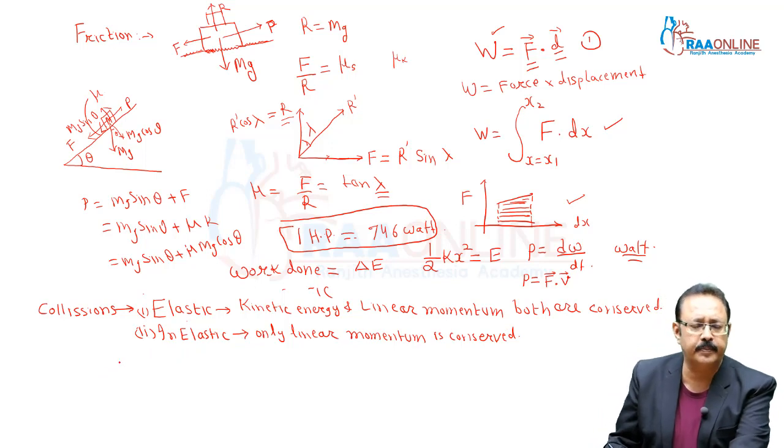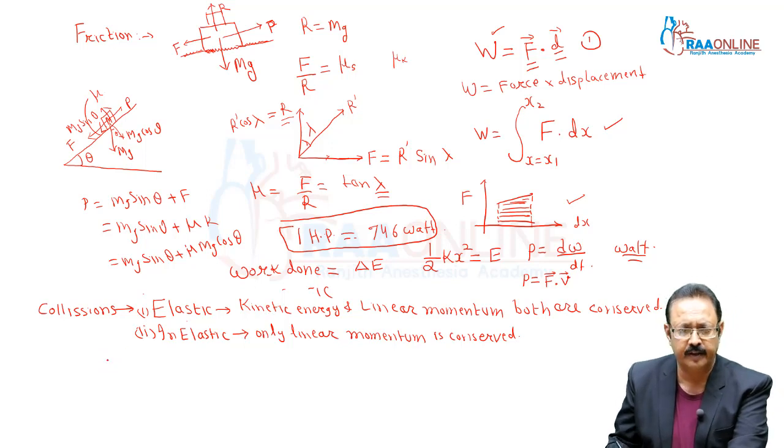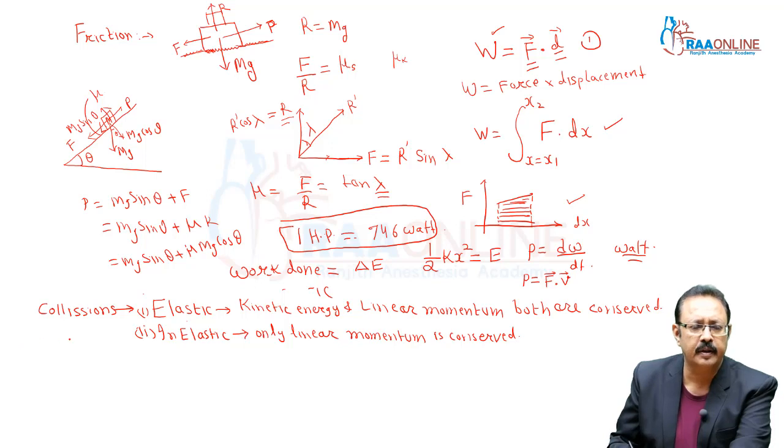So there are two types of collisions. When we are going with elastic collisions, we can form two equations. Suppose there is a ball moving with velocity u1, its mass is m1. The second ball is moving with u2, mass m2.